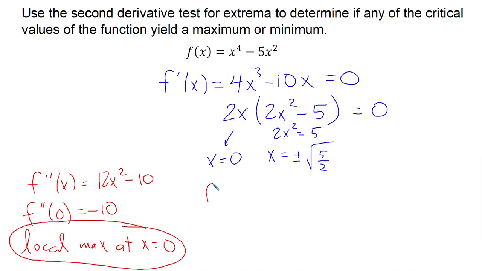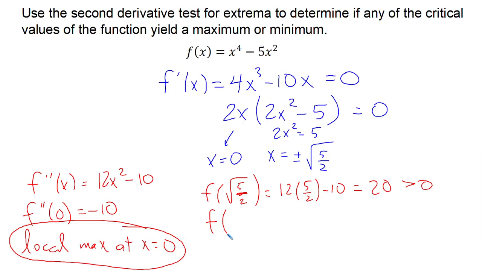So let's do that. We'll do positive root 5 halves first. When I square the square root of 5 halves, that's 5 halves. So I have 12 times 5 halves minus 10. Well, that's equal to 20, right? We have 60 over 2 is 30, minus 10 is 20, which is obviously greater than 0.